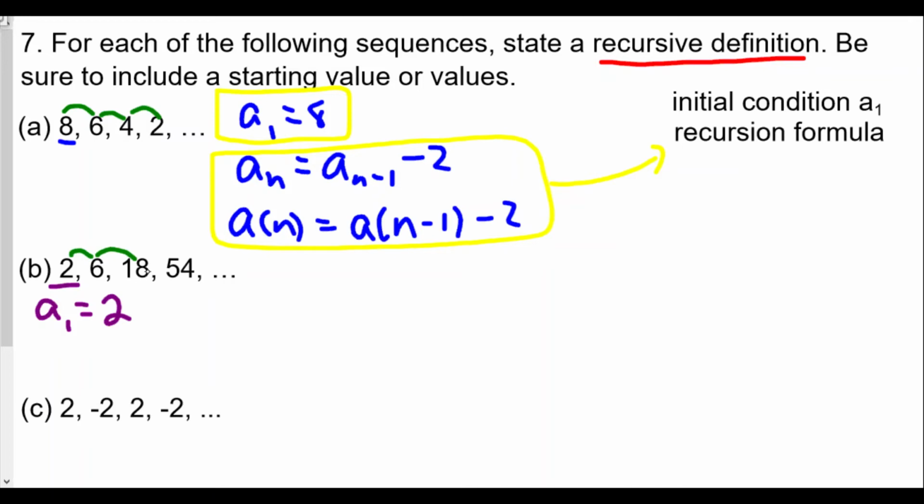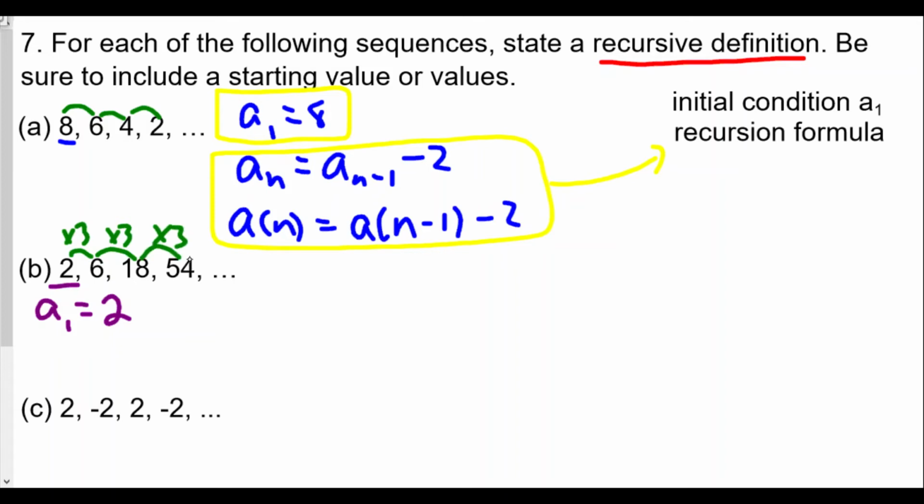So adding by 4 is not working out. We do notice that if we multiply by 3, 2 times 3, we get 6, and 6 times 3 gives us 18, and 18 times 3 equals 54.